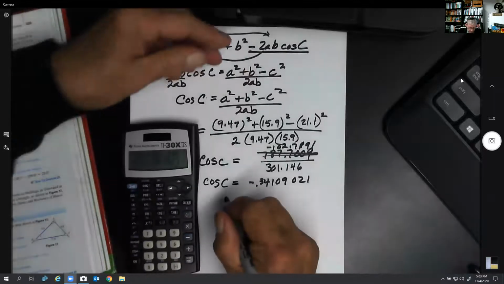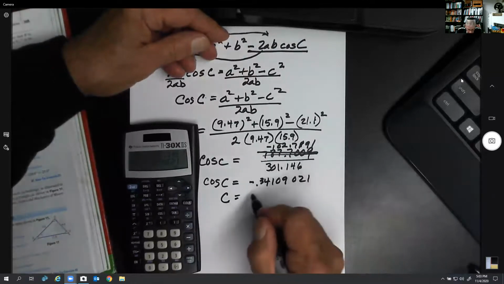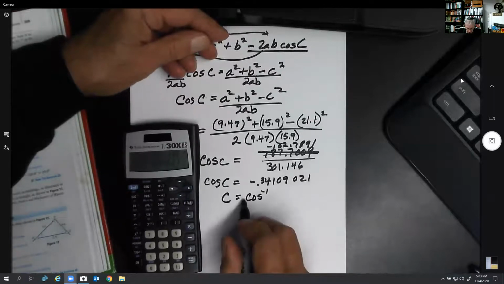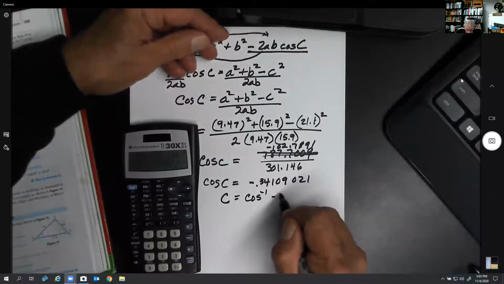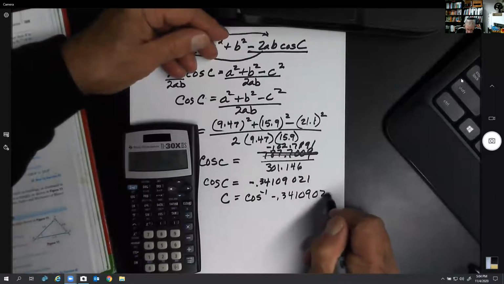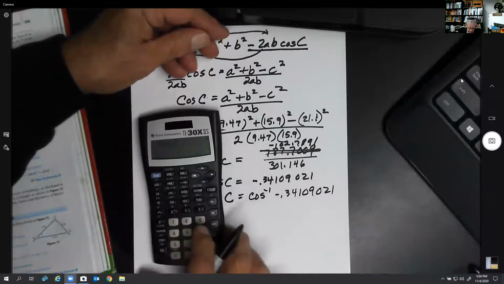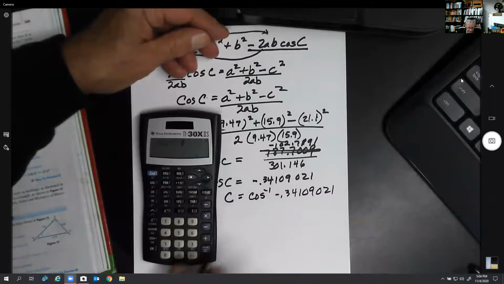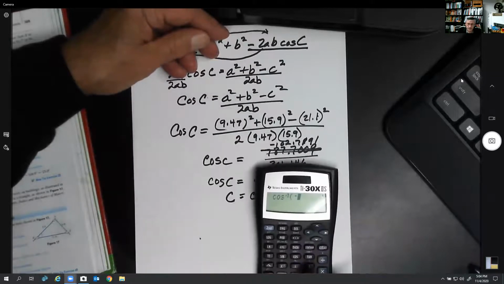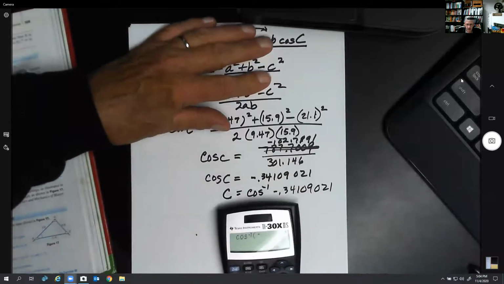Okay, now I want to find C. That's not the angle. I'm looking for the angle. So I have to hit second cosine, arc cosine, negative 0.34109021. Sorry, I'm kind of all over the place with this little calculator.